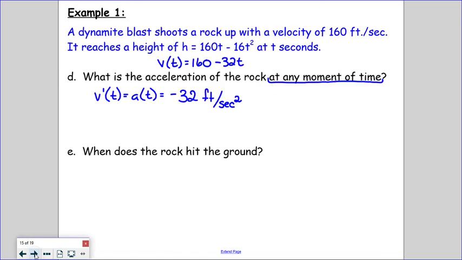So when does it hit the ground? That's when our position function equals 0. So go back up to our position function, set it equal to 0. Solve for t, because the question is when, so our answer is going to be time equals something seconds.